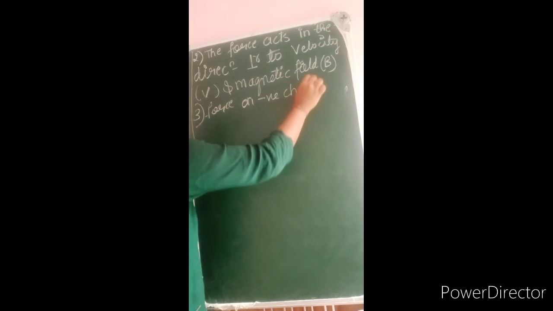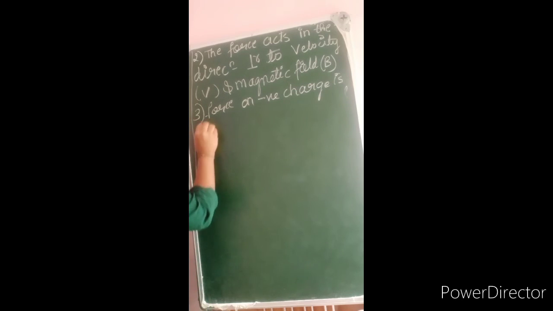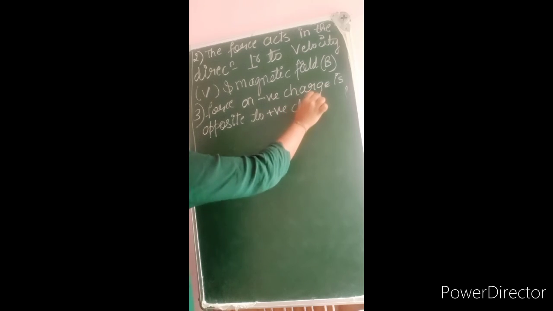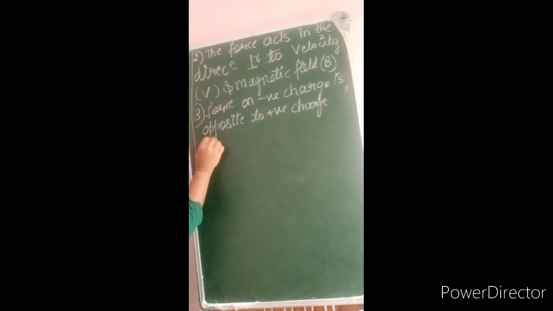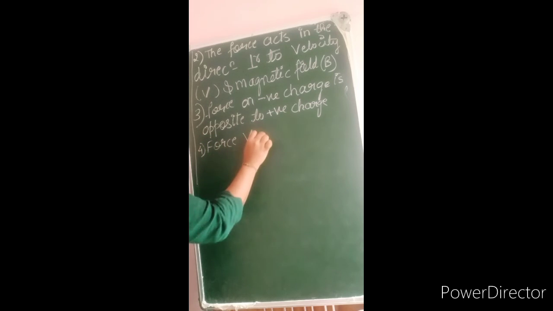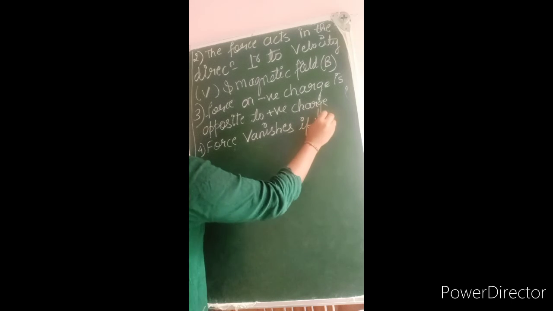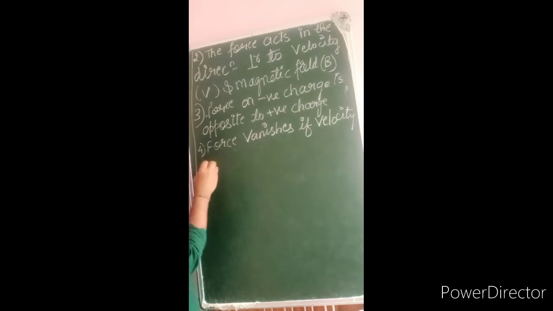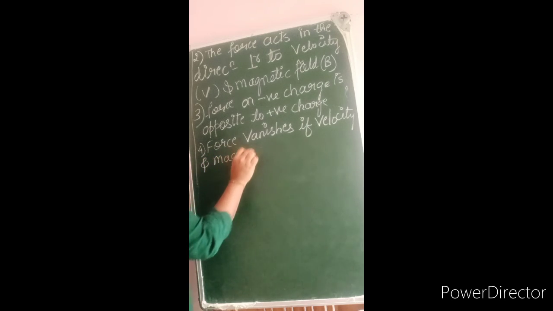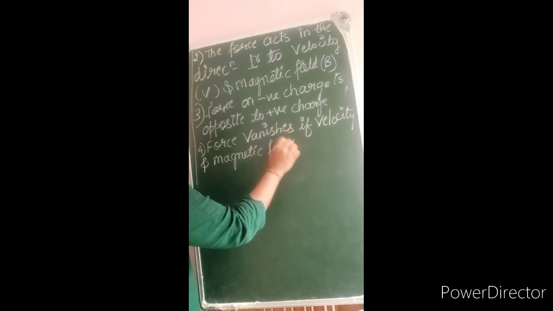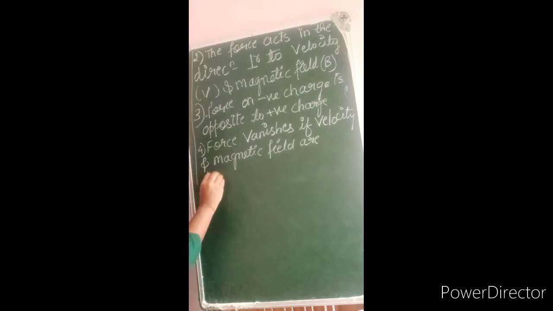The third one is, the force on a negative charge is opposite to that on a positive charge. And the force vanishes if velocity and magnetic field are parallel or anti-parallel.